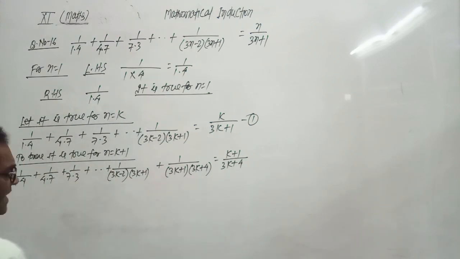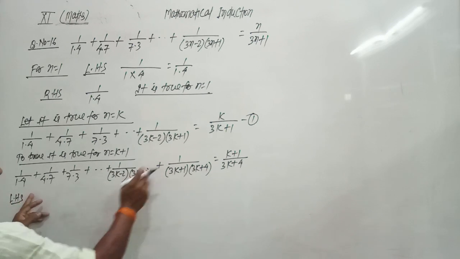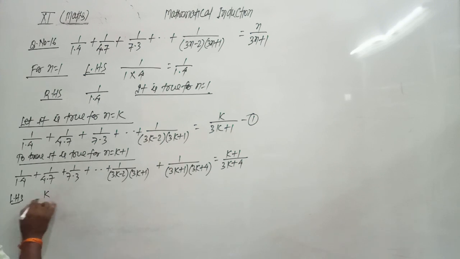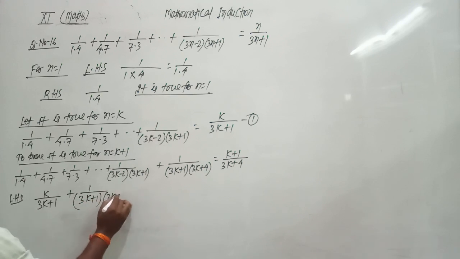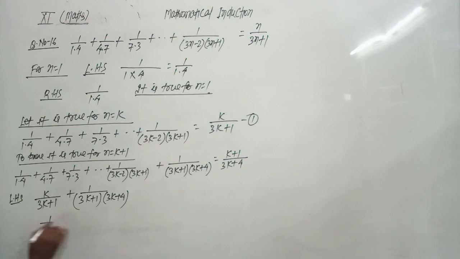Then we prove LHS equals to RHS. So up to this term, from first it would be written k upon 3k plus 1 and 1 upon 3k plus 1 into 3k plus 4. From these two terms, 1 upon 3k plus 1 is taken common. So we get k plus 1 upon 3k plus 4.